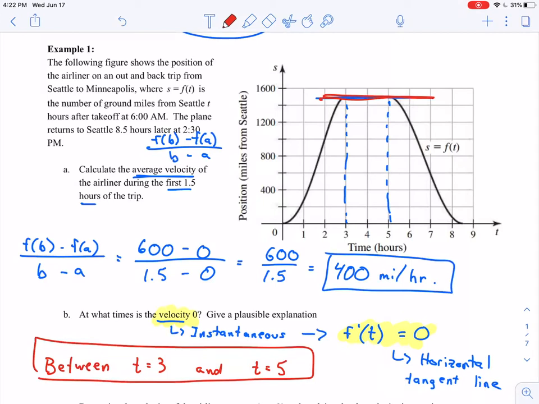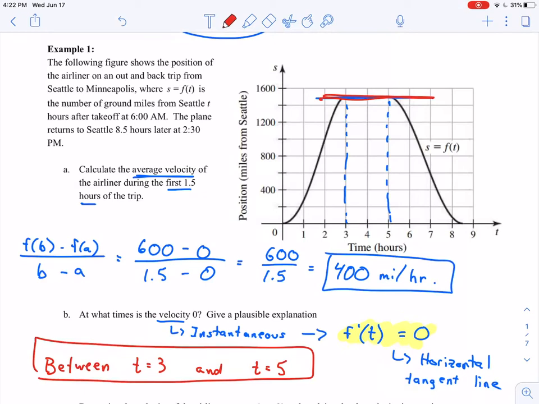The other part this problem asked me to do, so let me clean this up here just a little bit, is we also want to talk about a plausible explanation. What does that look like? So I want to go back and revisit the prompt for this problem.